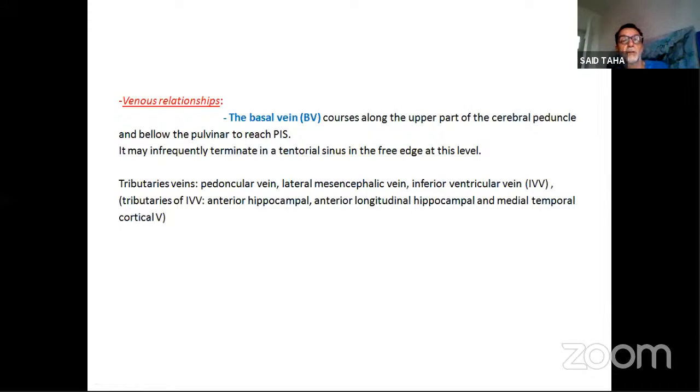The venous relationships: the basal vein courses along the upper part of the cerebral peduncle and below the pulvinar to reach the posterior incisural space.